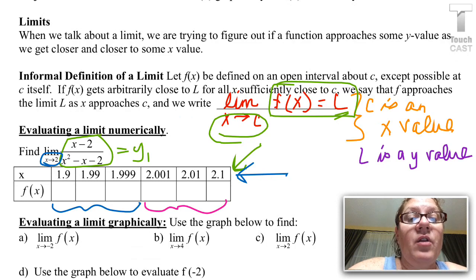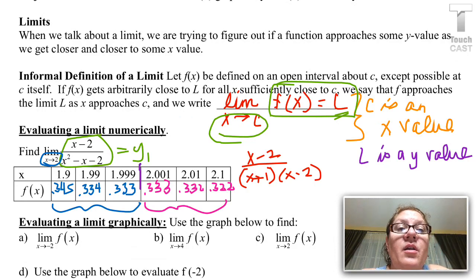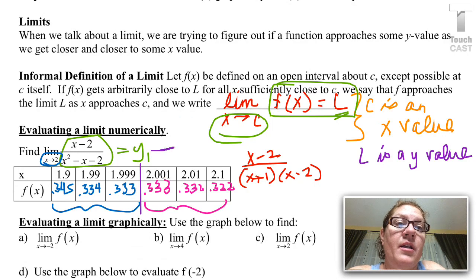You should get the following. And what I notice is, as I get closer and closer to 2 here in the center, it looks like I'm getting more 3's repeating in that decimal, which leads me to believe that the limit is approaching 1/3, because 1/3 is 0.333.